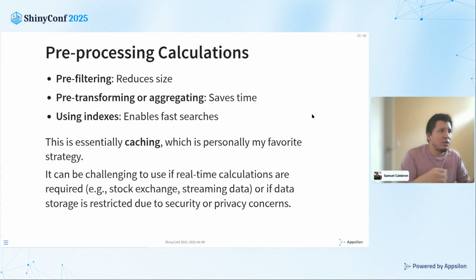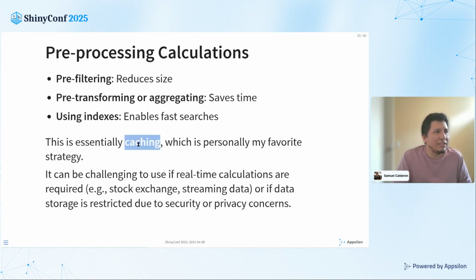All right. So these are the upsides of pre-processing: it will reduce size when pre-filtering. When you want to do pre-transforming or aggregating, it will save you some time. And if you are able to use indexes, it will enable really, really fast searches of your content.